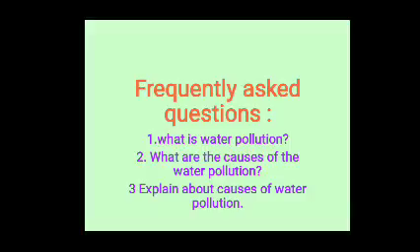Industrial waste causes water pollution through toxic chemicals and waste materials mixed into the water body. Agricultural waste, such as fertilizers, pesticides and insecticides directly mixed into the water body, causes water pollution.